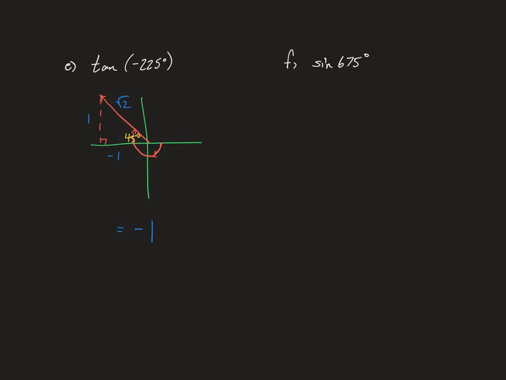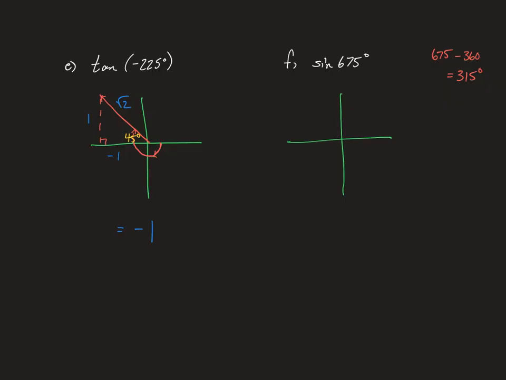So we take a look at F. The only difference in F is I gave you a really big angle. So for us to be able to work our way through, I'm going to have a quick set of axes. And now I need to rotate 675 degrees. Well, clearly a full rotation is already going to go in there. So I need to do a little calculation: if I take 675 and subtract 360, I get 315 degrees.